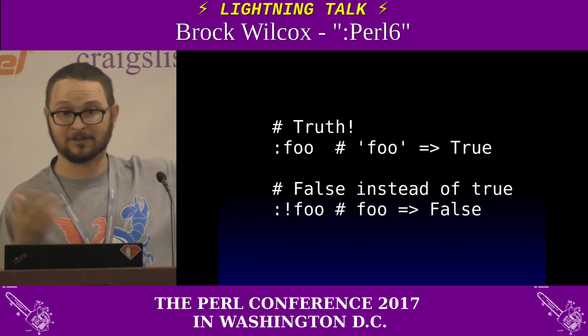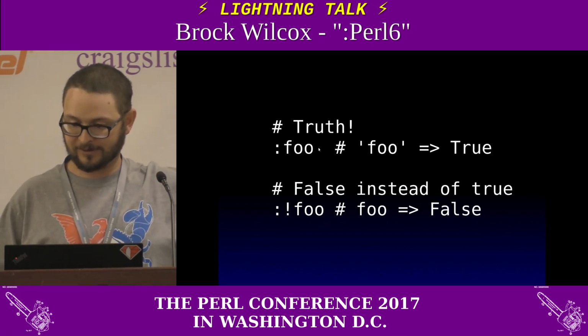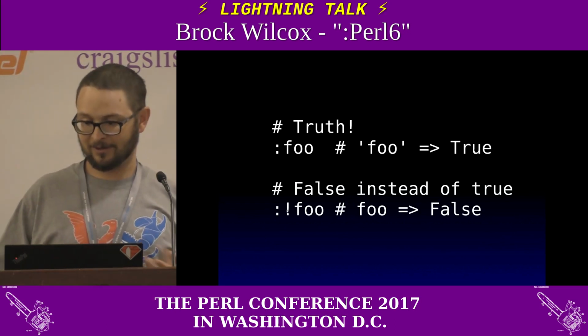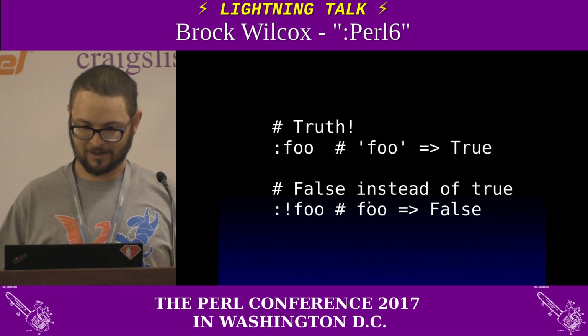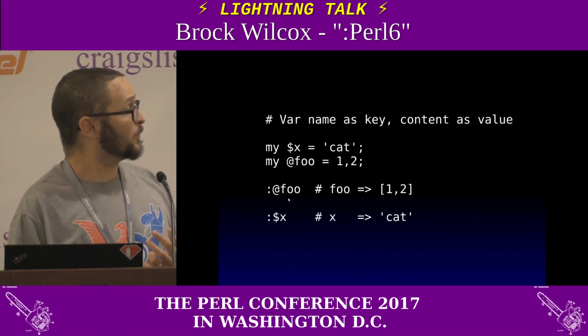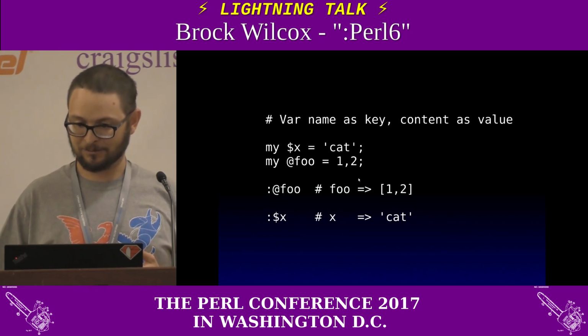So as a good example of sugar, if you just do colon foo and none of the parenthesis junk, then you'll get the value of true. And if you throw a bang in front of it, then you'll get false. Here's some more deliciousness. If you do colon and then the variable, then you get the variable name as the key and the value as the value.